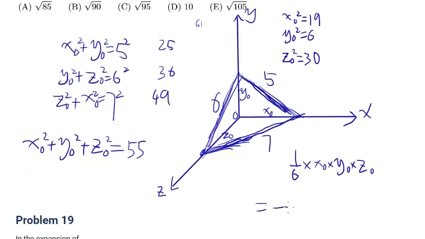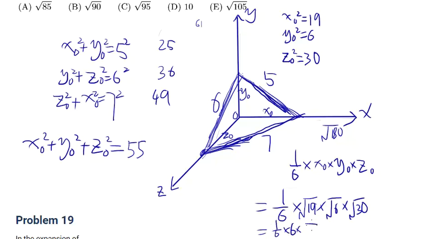That is 1/6 times root 90 times root 6 times root 30. Root 6 times root 30 is root 180, which is equal to 6 root 5.